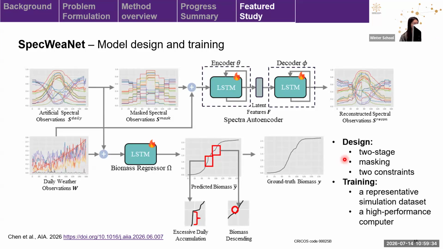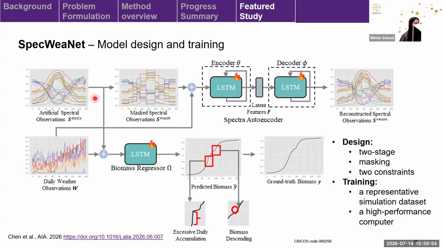So we separate these two prediction stages, and this will improve the robustness of the final biomass prediction in our model.